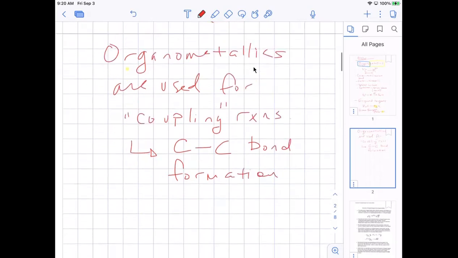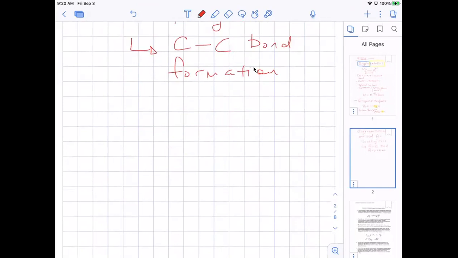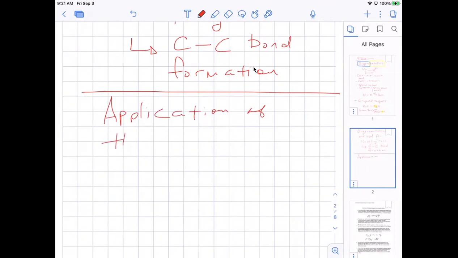So let me give you a brief introduction to that, and then we're going to go back and talk about how to make each one of these organometallics, right? So for the coupling reaction, this is also under the umbrella of the application of alkyl halides, right? Because we've been talking about how to make alkyl halides.